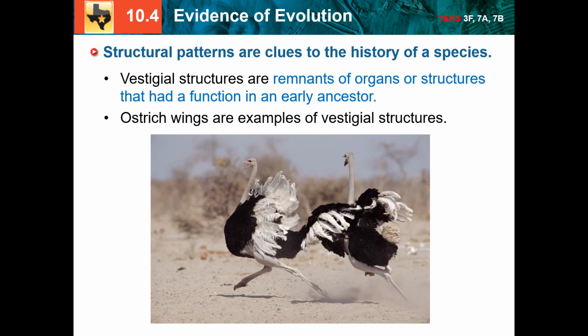All right, and the final one is not so much evidence, but, well, you would still call it evidence, would be the vestigial structures.